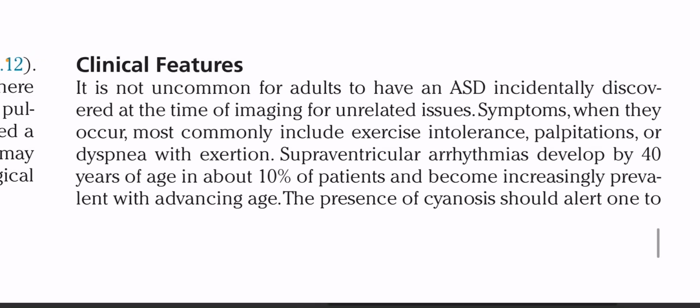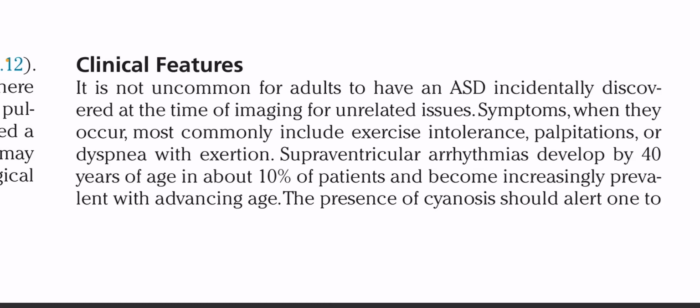Now, the clinical features. It is not uncommon for adults to have an ASD incidentally discovered at the time of imaging for unrelated issues. Symptoms, when they occur, most commonly include exercise intolerance, palpitations or dyspnea with exertion. Supraventricular arrhythmias develop by 40 years of age in about 10% of patients and become increasingly prevalent with advancing age.